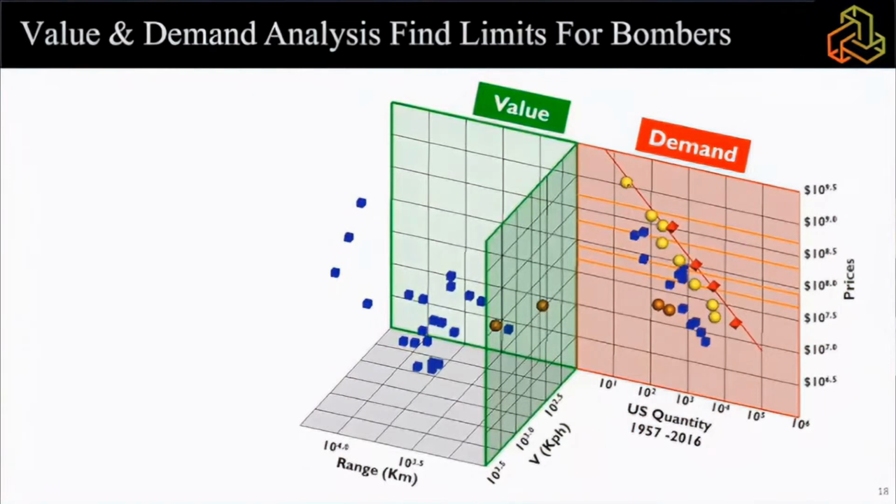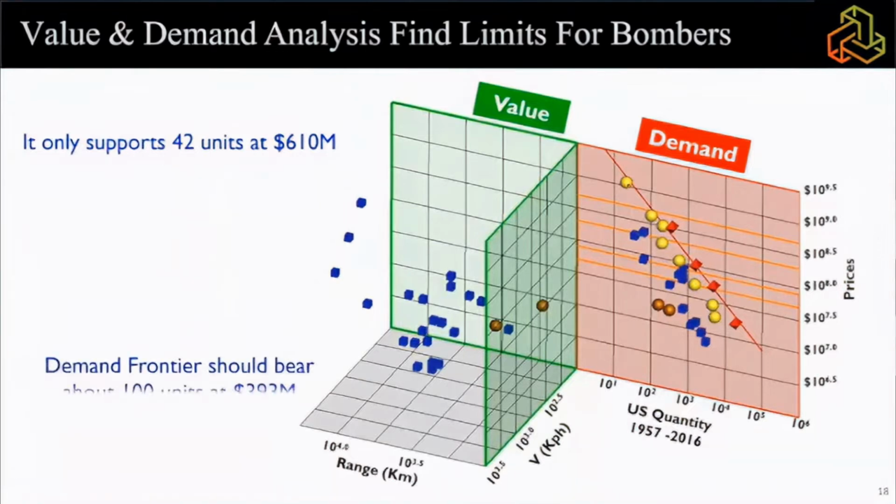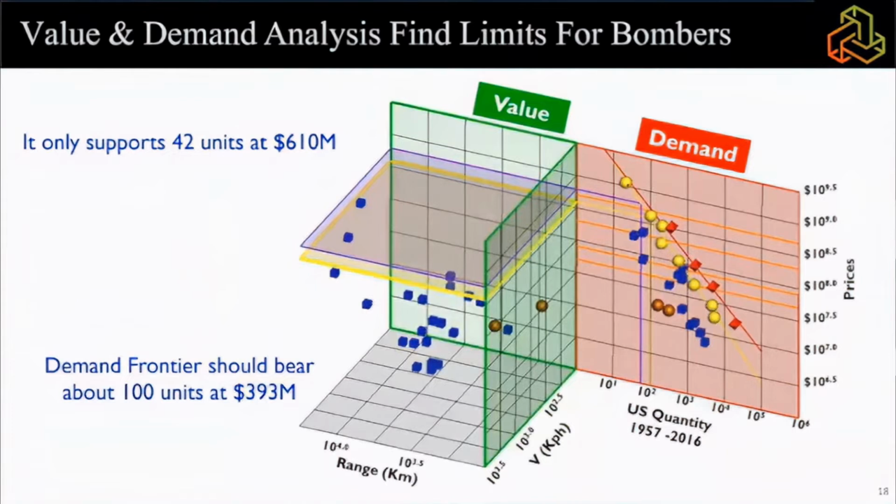So the United States is now building something called the B-21. So the government wanted to buy as many as 100 units of the B-21 at $610 million in 2016 dollars, which would have been this term here.